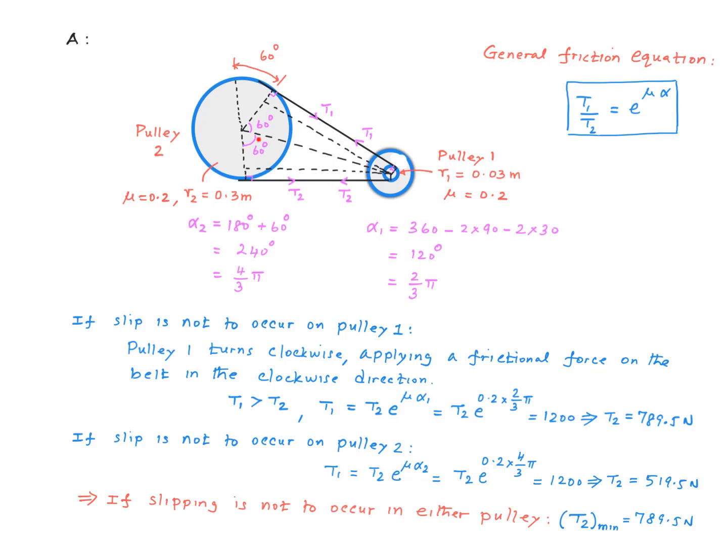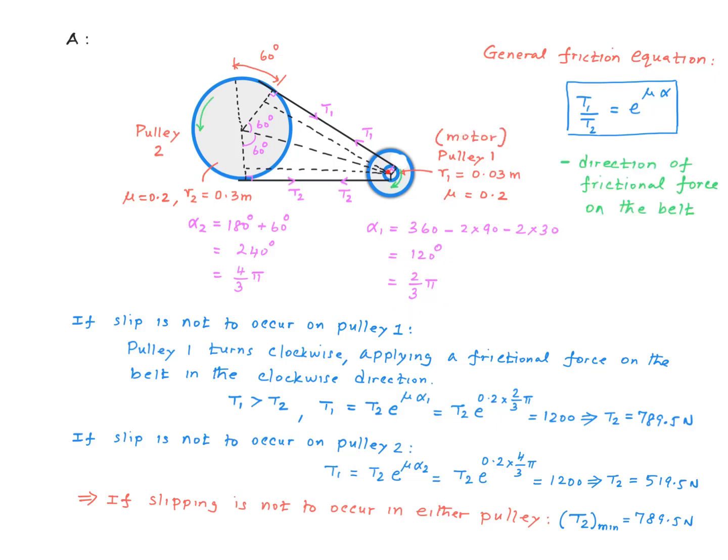If this angle is 60 degrees, this little angle right here is 30 degrees, right? And therefore, the contact angle on pulley number 1, alpha 1, is 360 degrees minus 90 over here, minus another 90, minus 30 times 2, right? Alpha 1 works out to be 2/3 pi.